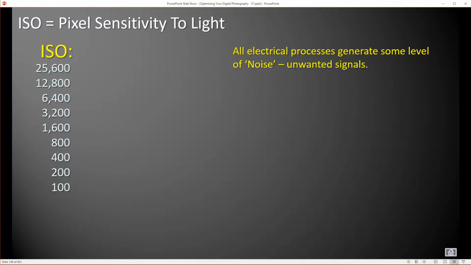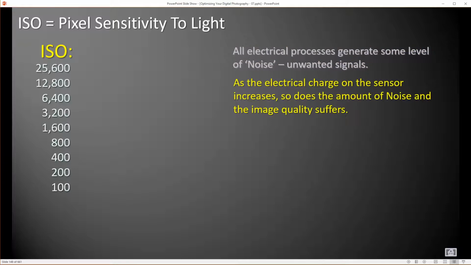The thing is, all electrical processes generate some sort of noise, and these are unwanted noises. As the sensor changes these speeds by applying a higher electrical charge as the ISO rating goes up, the amount of noise generated increases too, because as well as increasing the sensitivity to light, it also increases the amount of inherent noise in the sensor.